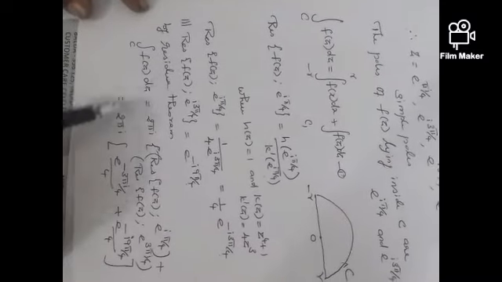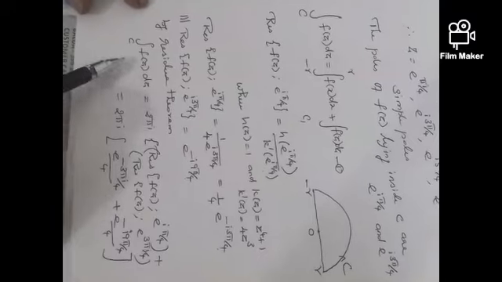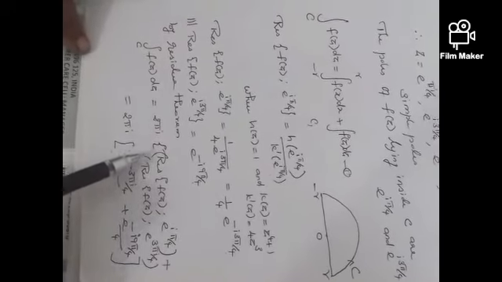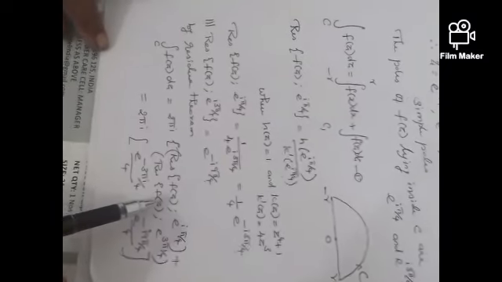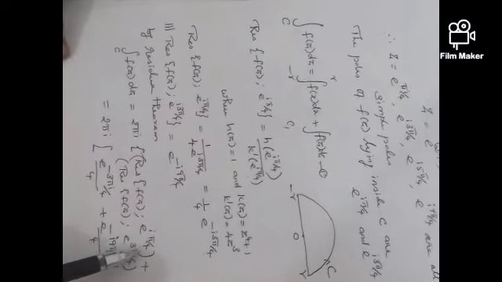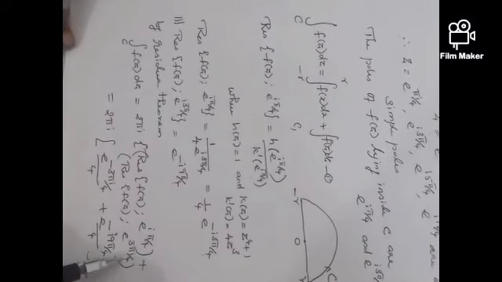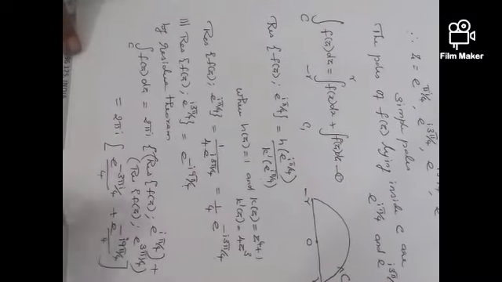By Cauchy's residue theorem, integral over C of f of z dz is equal to 2 pi i times the sum of the residue of f of z at e power i pi by 4 plus the residue at e power i 3 pi by 4.